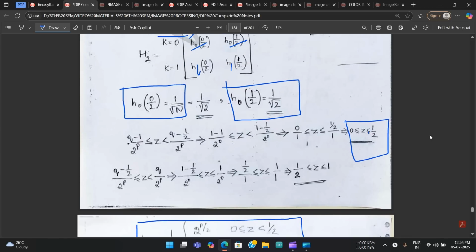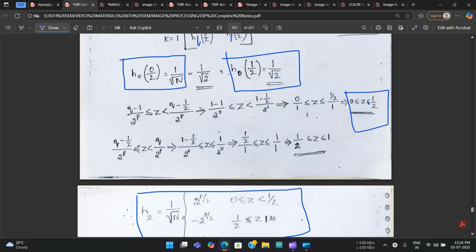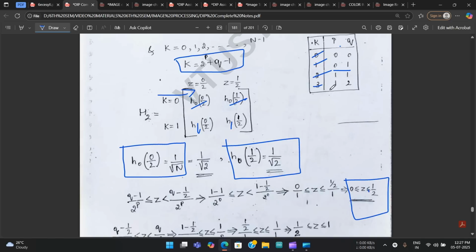And the second condition, that is the second interval condition, is q minus half divided by 2 power p less than or equal to z less than q divided by 2 power p. So here you see the value of q, again you should take p as 0 and q as 1, because the value of k here is equal to 1 in both the cases.